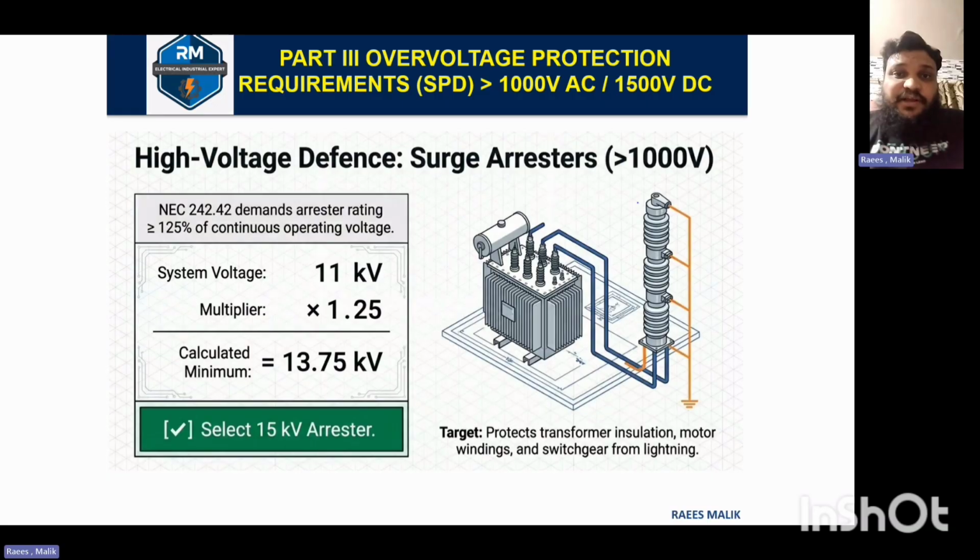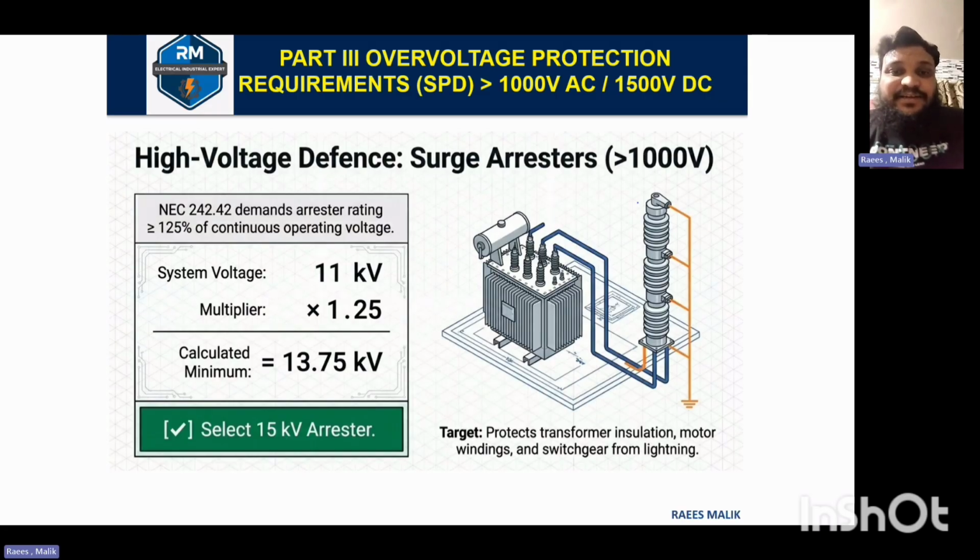Accordingly, part 3 describes how we select the surge protection device or surge arrester for voltage greater than 1000 volt. As per 242.2, the surge arrester rating shall always be greater than or equal to 125% of the continuous operating voltage. For an 11 kV system, if we multiply by 1.25, that is 125%, the value comes out to 13.75 kilovolt.